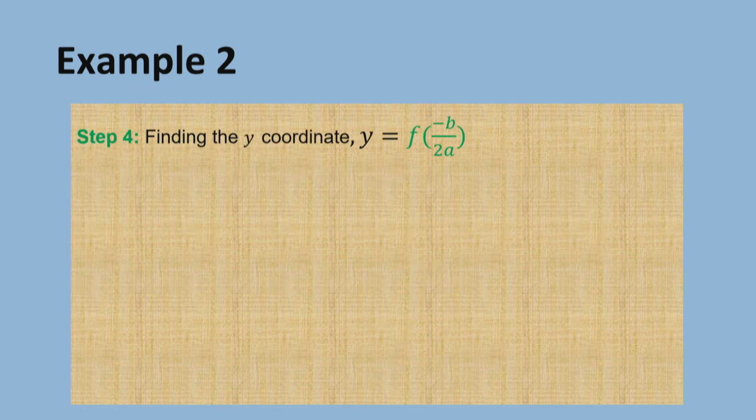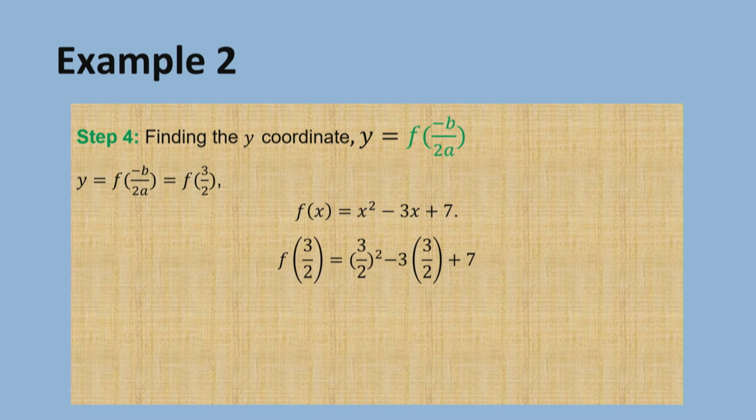Now, we have to find the y coordinate. Remember, the y will be f of minus b over 2a. That is f of 3 over 2. Now, how do we do that? Well, we replace all the values of x by 3 over 2. So, f of 3 over 2 will be (3 over 2) squared minus 3 times (3 over 2) plus 7.